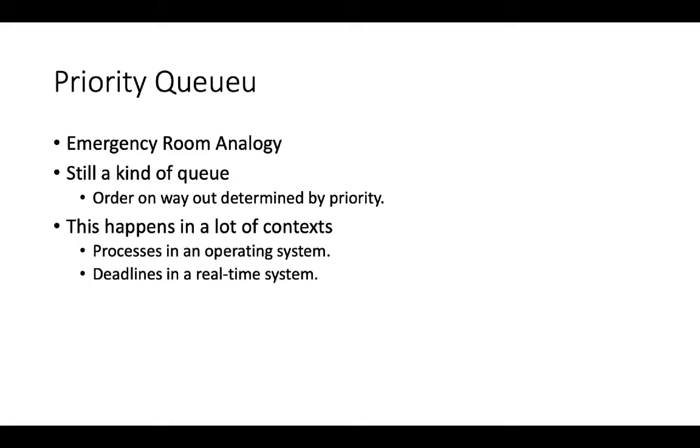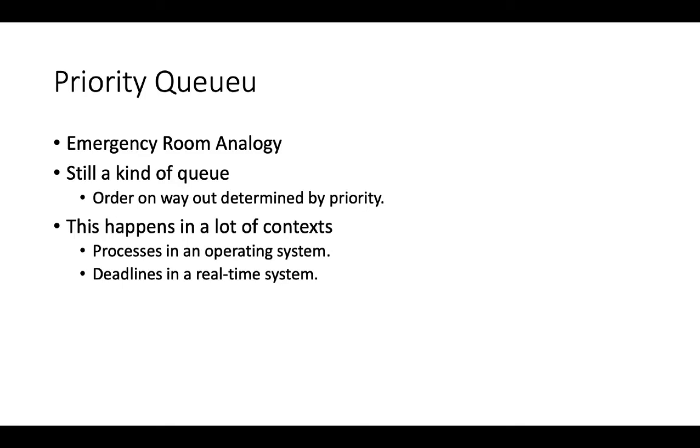And so a priority queue is this kind of queue where instead of getting things out of it based on their arrival, we get them back out of the queue by some sort of priority. Now, this actually occurs in lots and lots of computer systems all the time, right? So you can think of processes in an operating system.